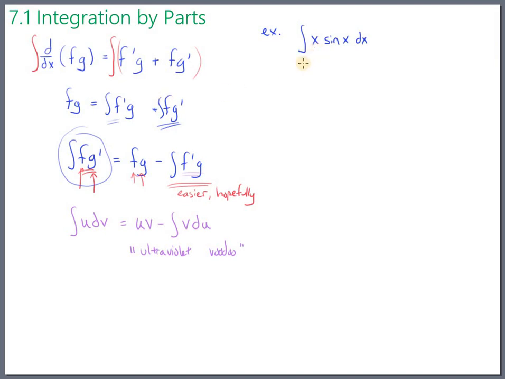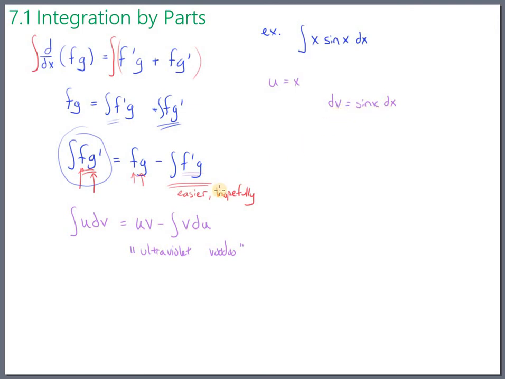So I'm going to decide, and I'll tell you why I'm deciding this in a minute, but for the moment I'm just going to decide that u is going to be the x function. And dv then will get to be sine of x, and since it's a derivative, I'll put the dx on there.